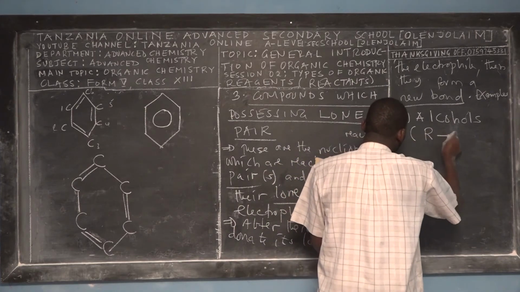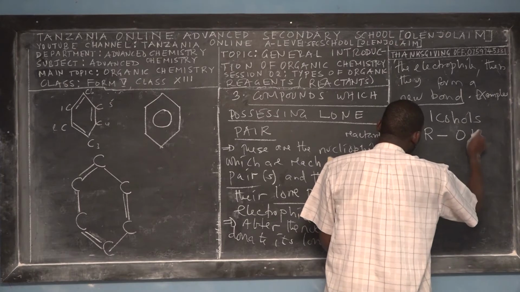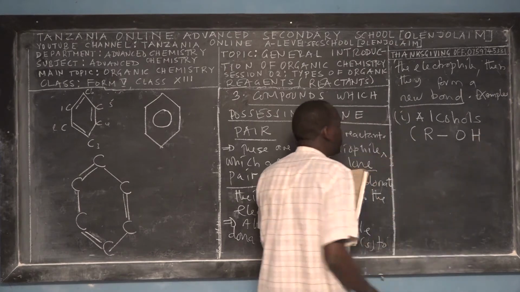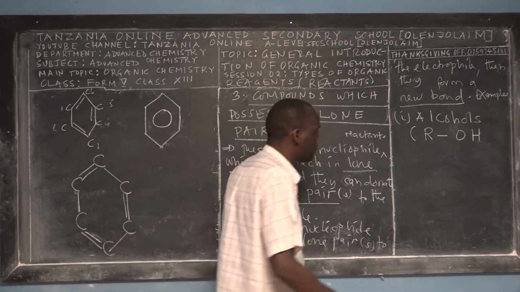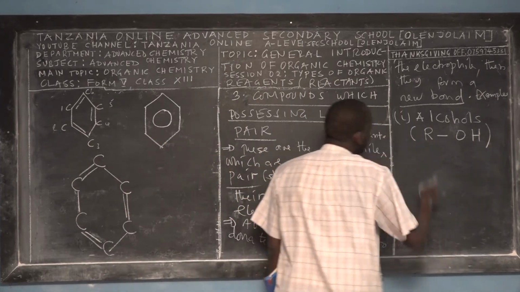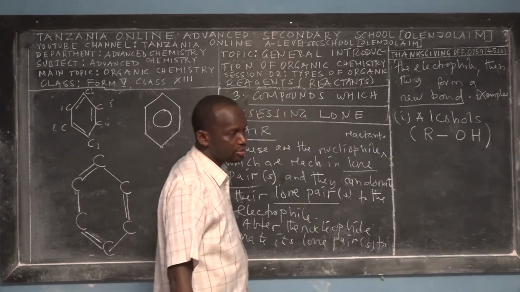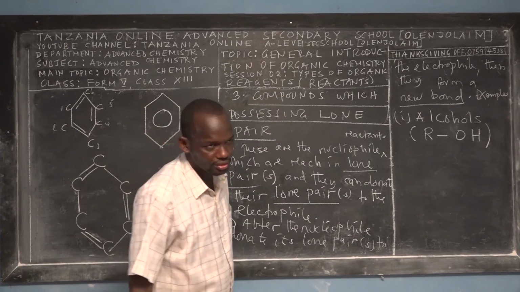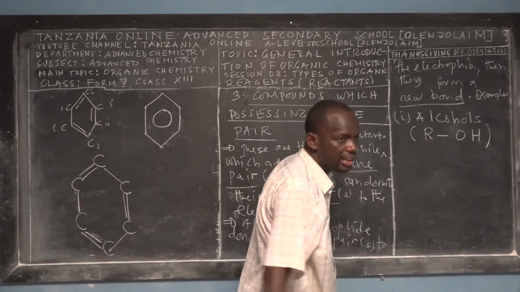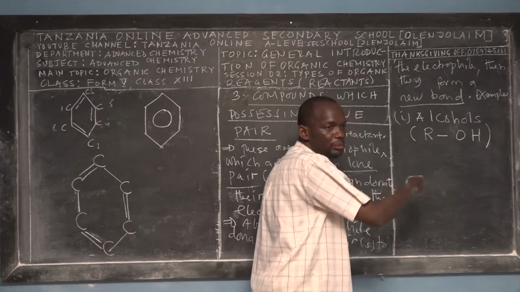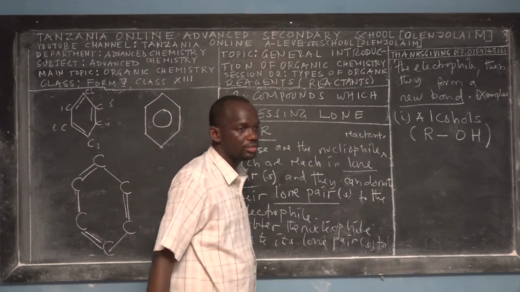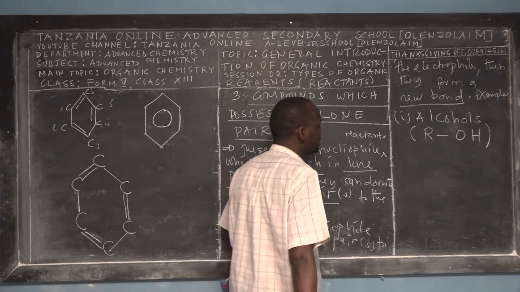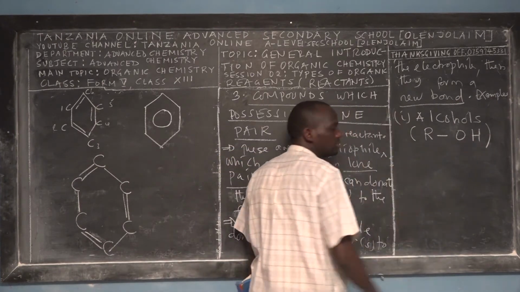Because the functional group of alcohol is OH, right? R stands for hydrocarbons, remember that. So R stands for hydrocarbons, meaning the compounds contain what? Carbon and hydrogen. It depends on the size. Maybe 1 carbon, 2 carbons, 3 carbons, depending on which alcohols we are discussing, which hydrocarbons we are discussing. So this is what makes an alcohol, right?